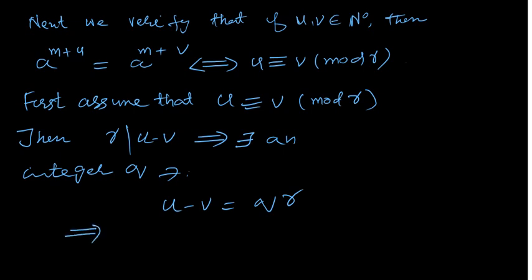This implies u is equal to v plus qr. Choose q to be a positive integer, because this u is congruent to v, we choose u minus v to be positive. There exists a positive integer q.